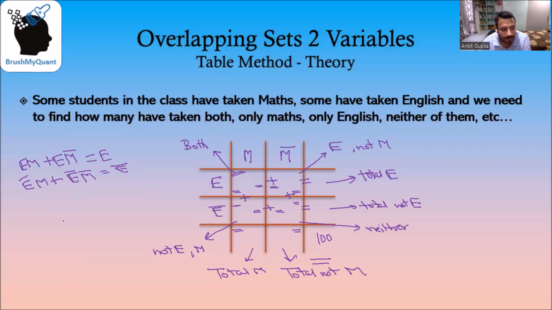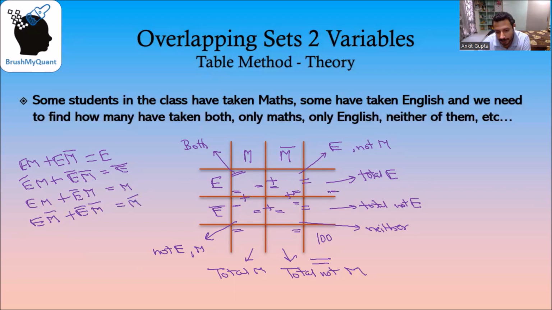Similarly, if you look at the column side, students who have taken both of them plus students who have taken only maths will give you total students who have taken maths. Similarly, students who have not taken maths but taken English and students who have taken neither of them will be equal to total students who have not taken maths.